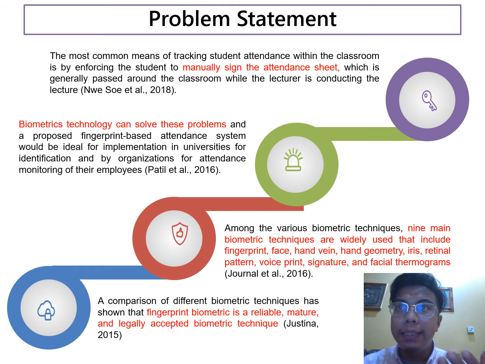Therefore, biometric technology can solve this problem, and a proposed fingerprint-based attendance system would be ideal for implementation in universities for identification and by organizations for attendance monitoring of their students. Among the various biometric techniques, there are nine widely used, such as fingerprint, face, hand wave, hand geometry, iris, retina, pattern, voiceprint, signature, and facial thermogram.